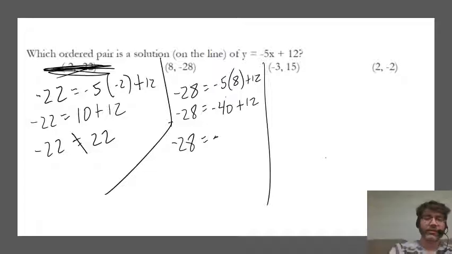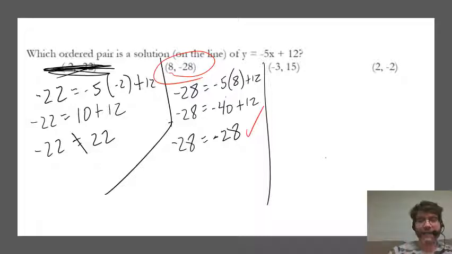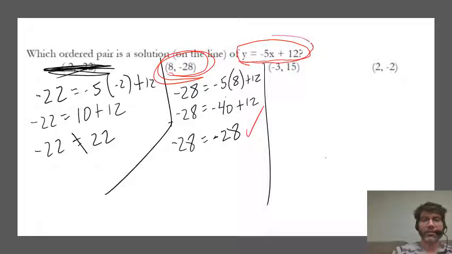Since this has turned into an identity, we have proven that 8 comma -28, if we plotted that point on a graph and drew the line y equals -5x plus 12, would physically lie right on the line of this equation.